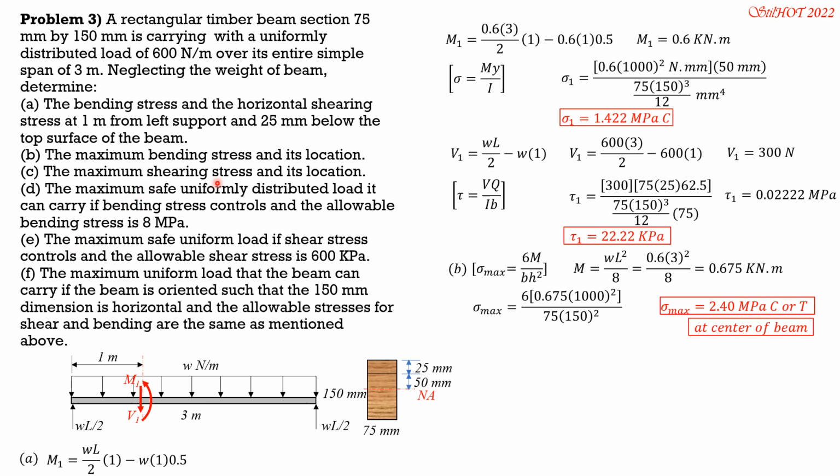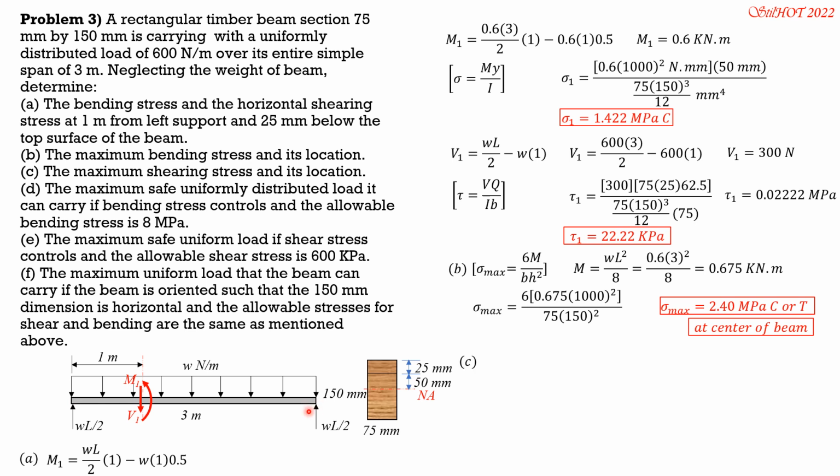And letter C, the maximum shearing stress and its location. The maximum shearing stress occurs at the neutral axis of the section, and the maximum shear occurs either just to the right or just to the left of the support, simple support.